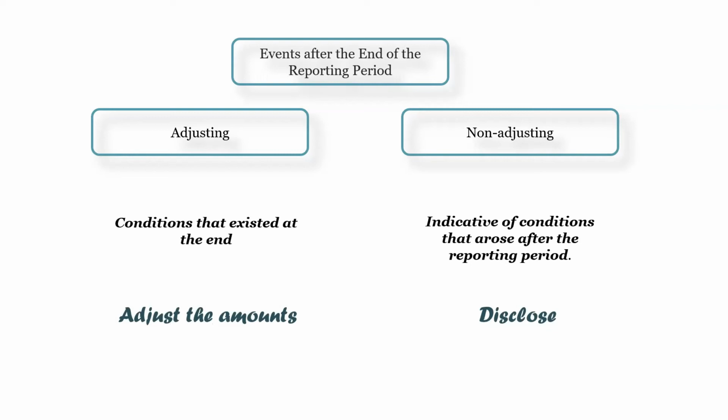So, ano ba yung mga examples ng adjusting events? So, ito naman yung mga usual na natin na naririnig. Yung court cases settled after the end of the reporting period. And it confirms that an entity had a present obligation and should have created a provision in line with PAS 37.